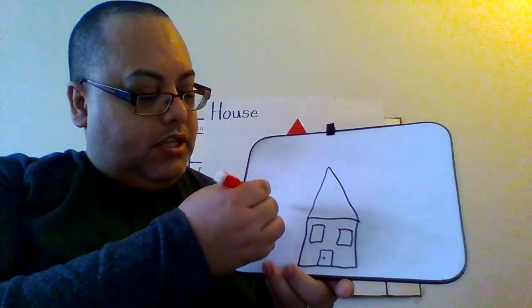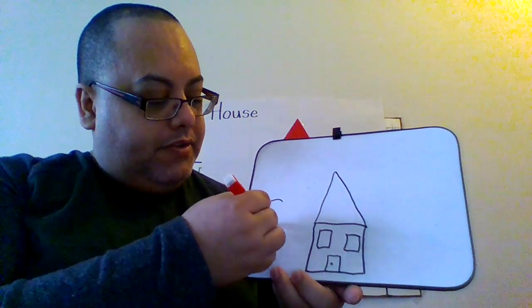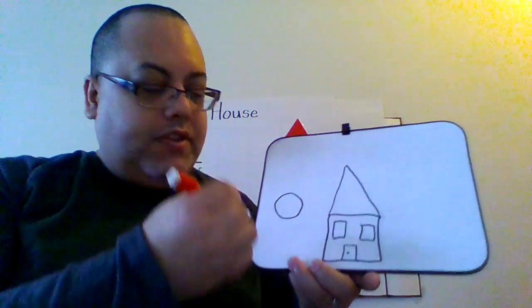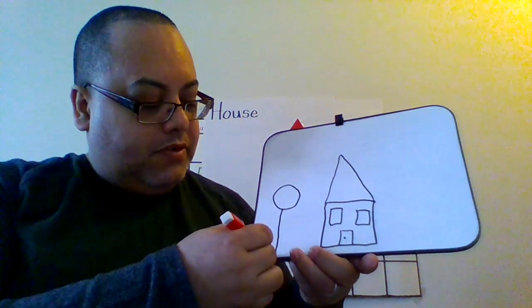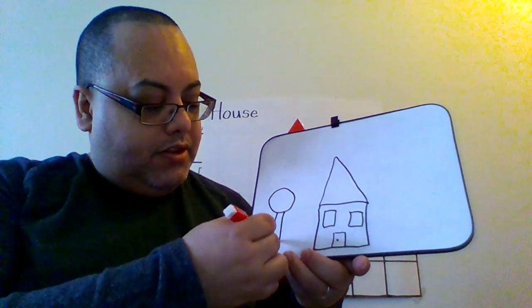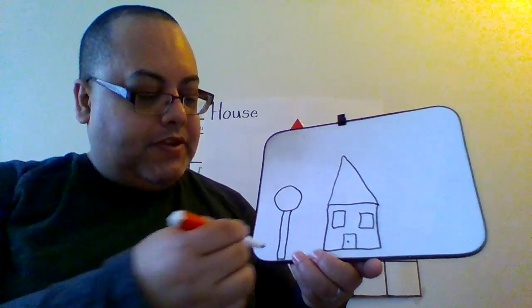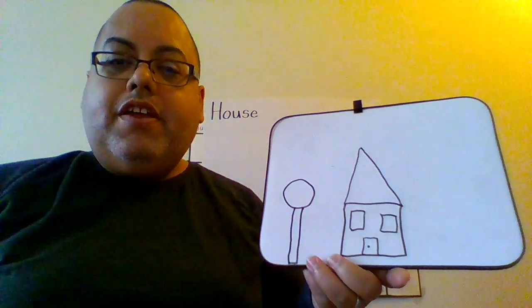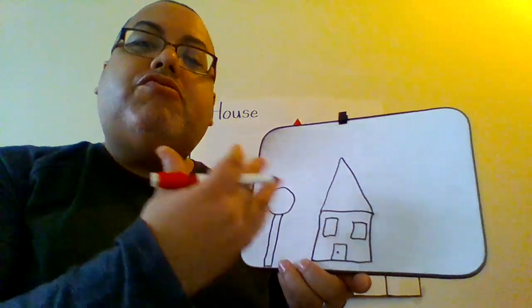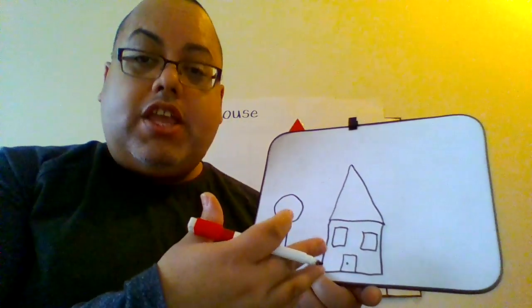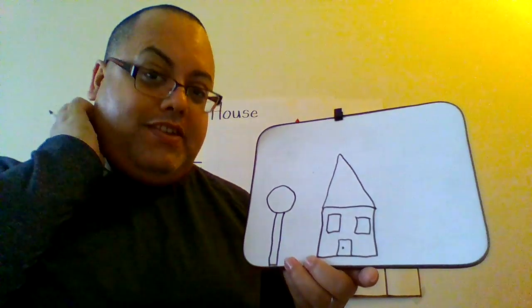So, I need a tree. This is where the leaves are. That's a circle. But this is where the trunk is. And that's what? A rectangle. So what we're doing is creating and drawing with shapes.